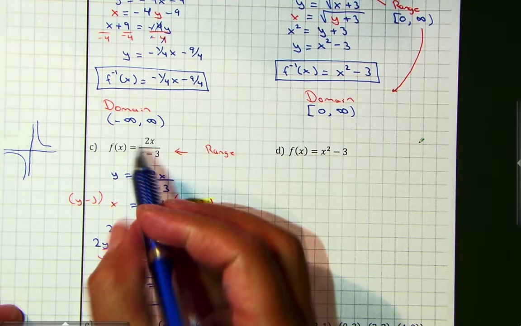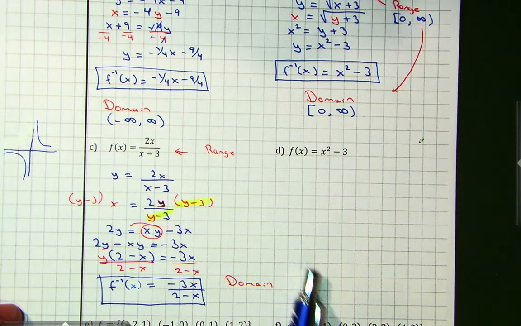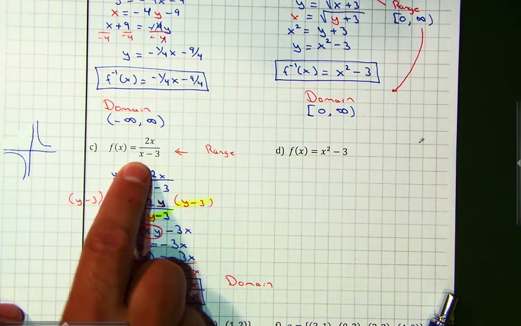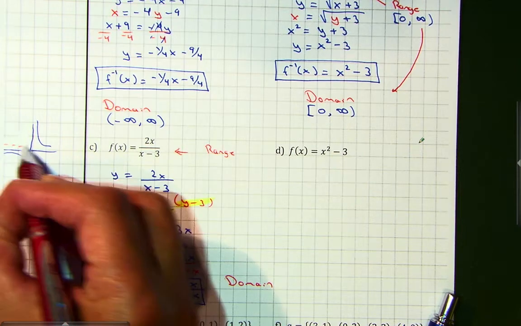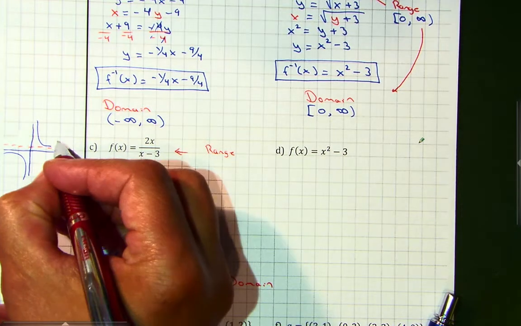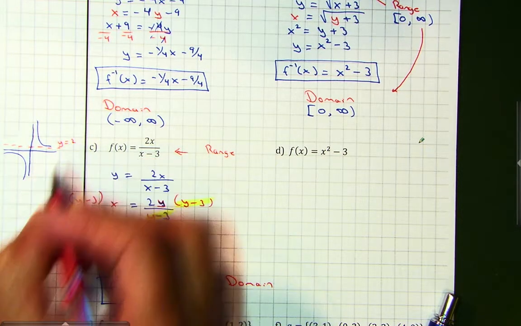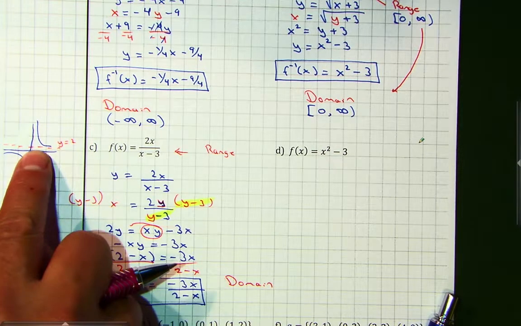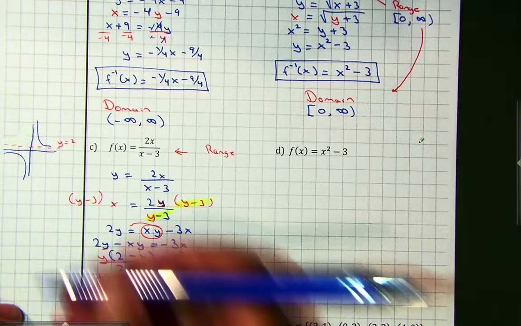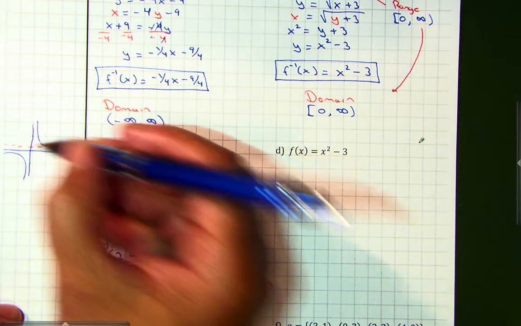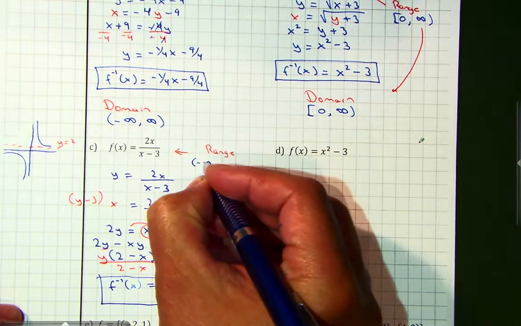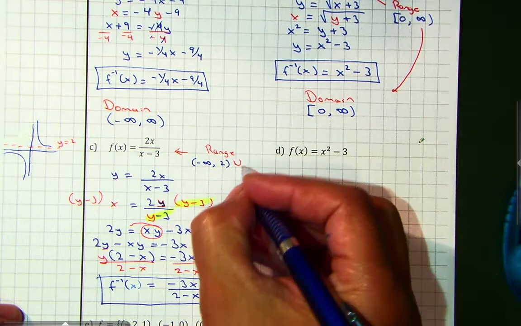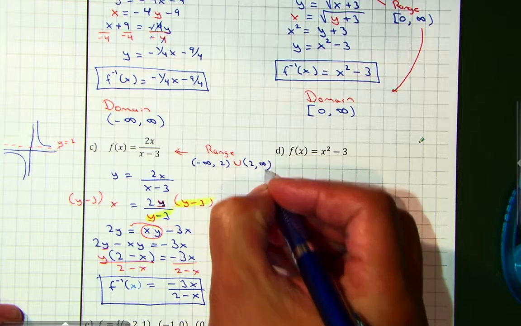But what is your horizontal asymptote? Because that's what we're concerned with. Because the degree of the polynomial is the same, y equal to 2 will be your horizontal asymptote. So now your range was from negative infinity to 2, and now union from 2 to positive infinity.